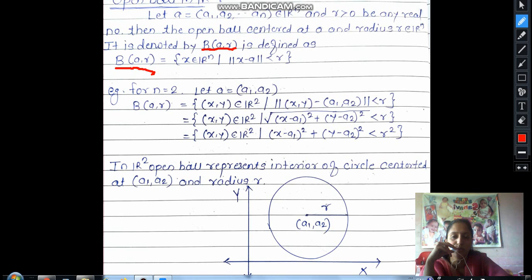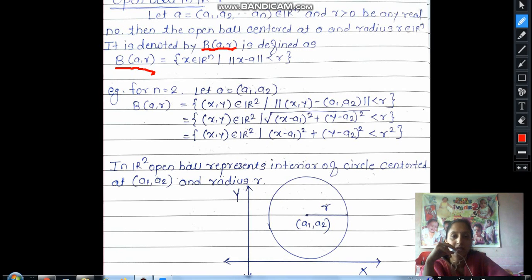For n equal to 2, that is, a is a point in R2, so a has coordinates (a1, a2). So r is the radius and a is the center. So the open ball centered at a contains all such points (x, y) belonging to R2 such that the norm of (x, y) minus (a1, a2) is less than r.